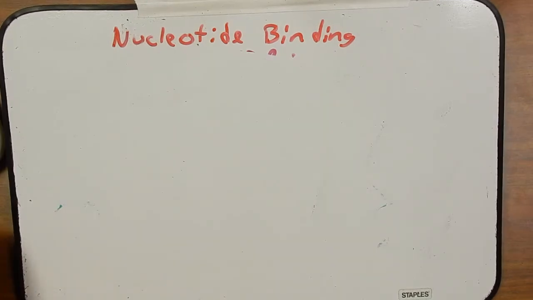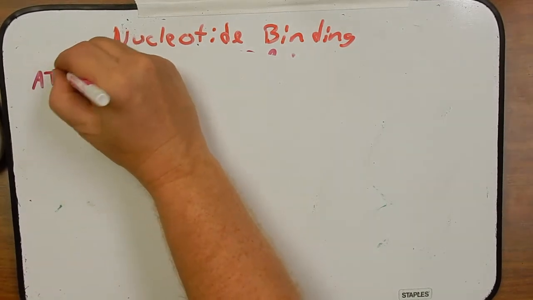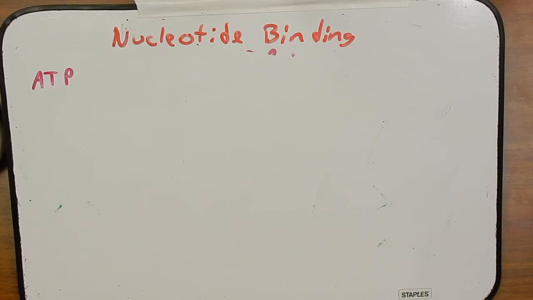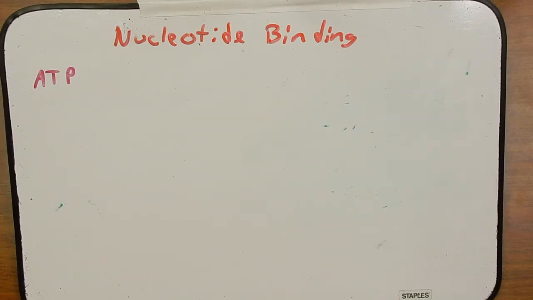Okay, I'm going to stay with the nucleotide binding, but I now want to talk about ATP, adenosine triphosphate. The ATP that we've learned about in many classes that we often call the cellular energy. A few moments ago when I talked about phosphorylation and binding of GTP, I talked about how that could change the conformation of a protein and how that could lead to differences in enzyme activity.